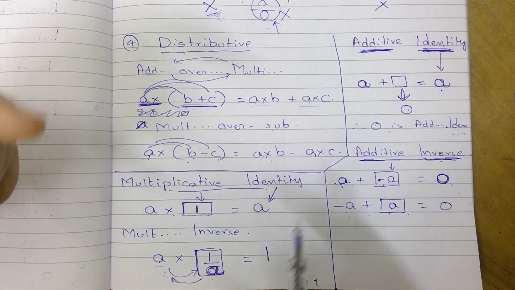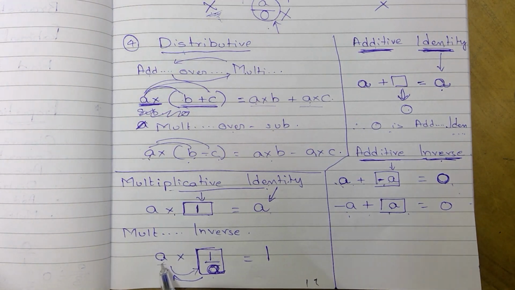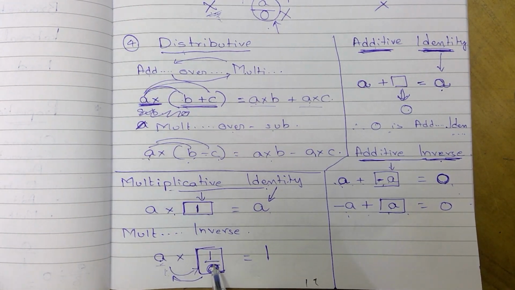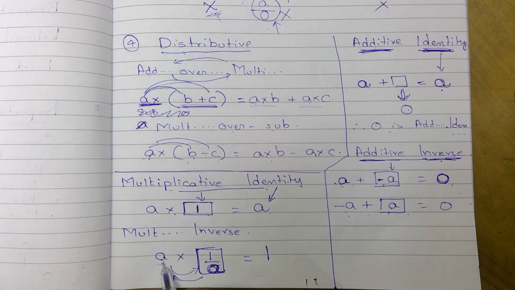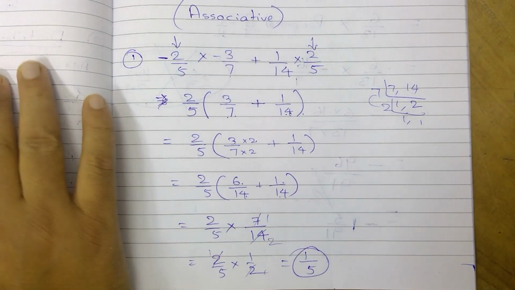Numerator will come to denominator and denominator will go to numerator. So for a, 1 by a is the multiplicative inverse, and for 1 by a, a is the multiplicative inverse.